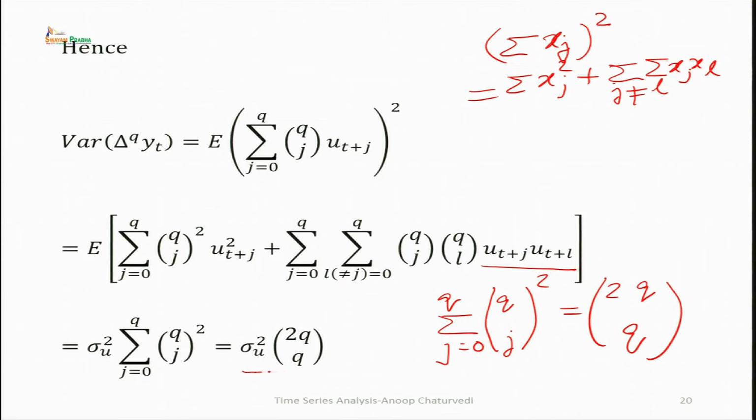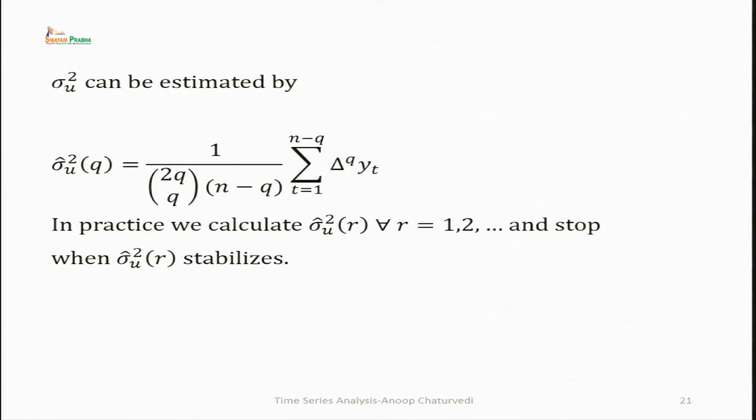So, this is the final expression for variance of delta q y t. Now, you can unbiasedly estimate sigma square u by using this formula.